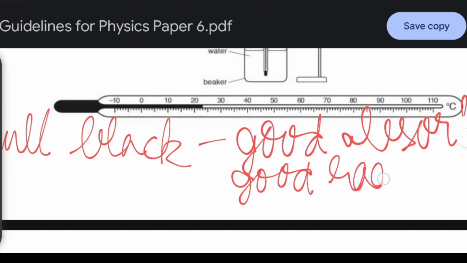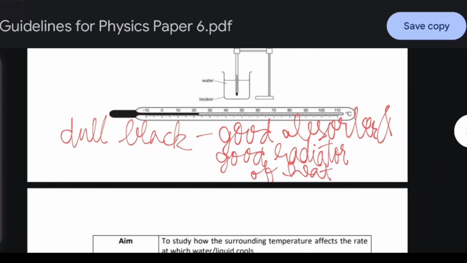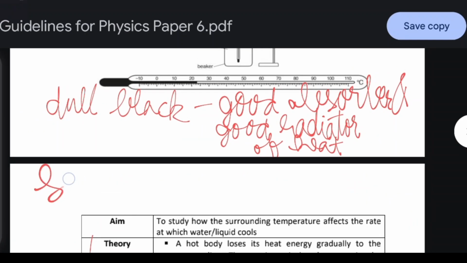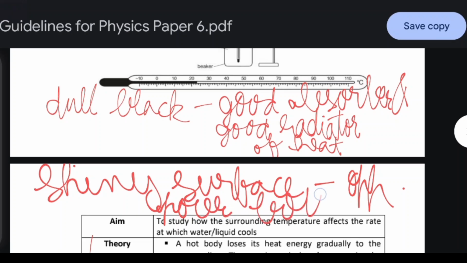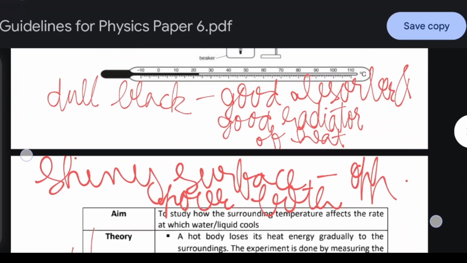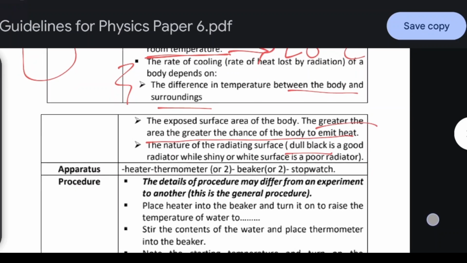And a shiny surface is just the opposite of this. It's a poor absorber and poor radiator. I hope you all got this. Please remember this, because they can ask you questions related to theory as well.